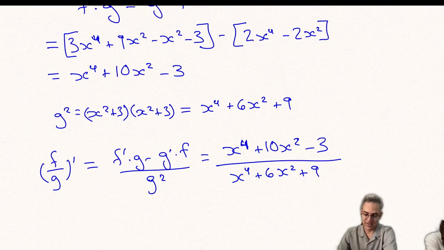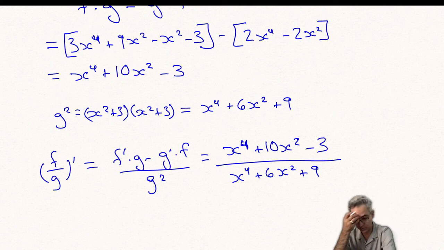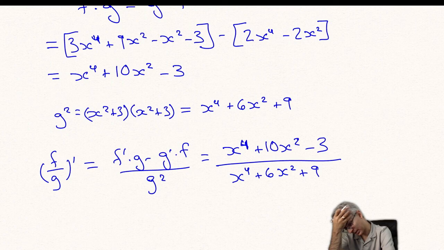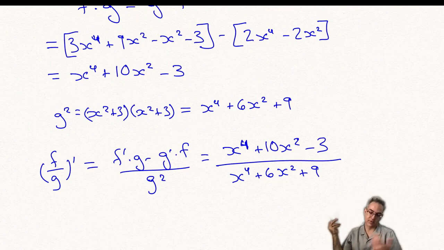So one could ask, is there any way that the upper part can factor into x squared plus 3? I don't think so. You need two numbers that sum to 10, and whose product is minus 3. And you can't get that because minus 3 is only 3 and 1, with one of them being negative. And 3 and 1 added together or subtracted does not make 10.